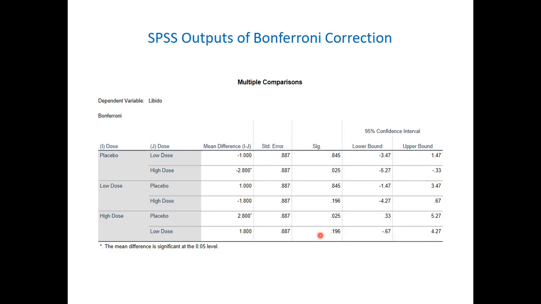The difference between the high dose and low dose is almost significant, because we have already said that Bonferroni is overcorrecting, while that one is a little bit loose. And this one gives the 95% confidence interval of the difference you are seeing.